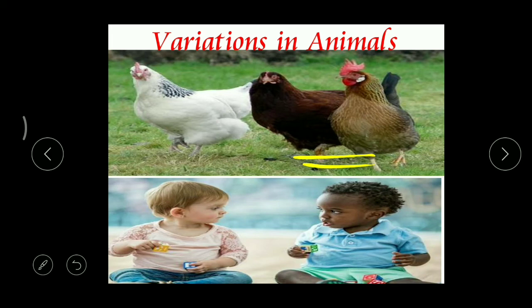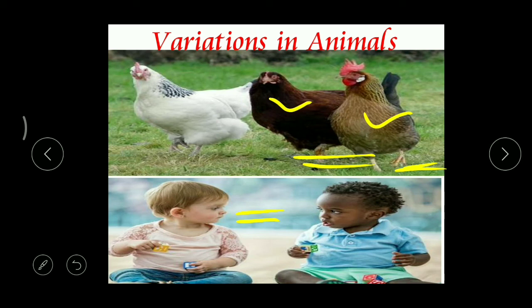If you take the color of the feathers, and the size of the beaks, and then the fingers, nails, like this. By observing all the characters, we need to find out similarities and differences.